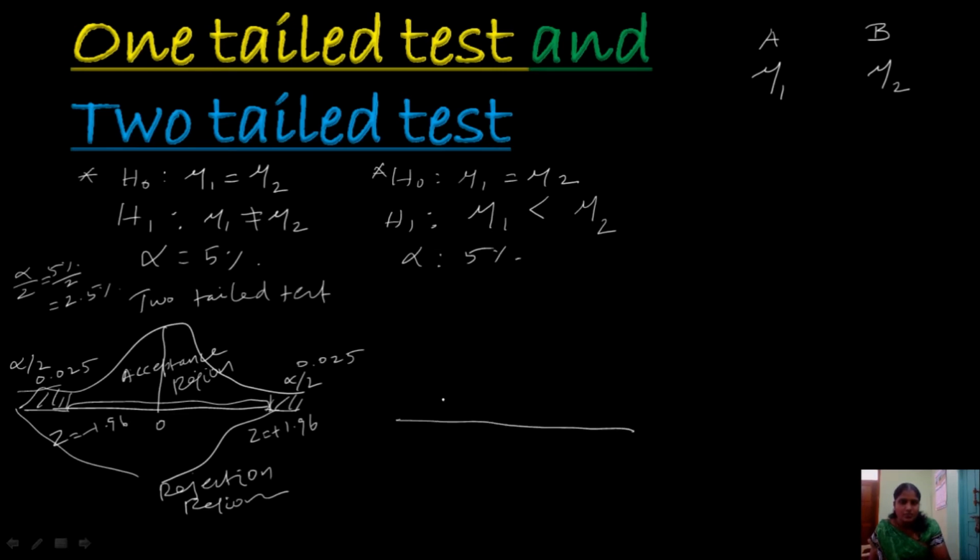So if it is mu1 less than mu2, the 5%, that is the alpha value, that is the critical region, falls on only one side of the normal curve. That means 5% falls here, that is 0.05. So my rejection region falls on only one side of the curve.